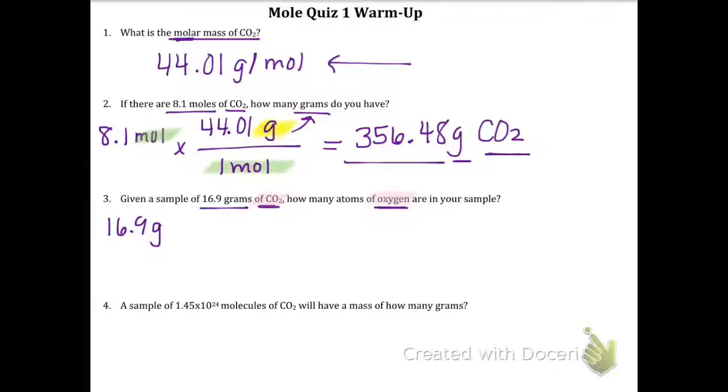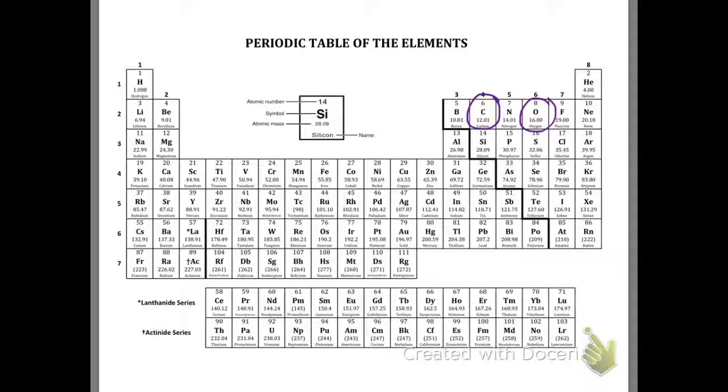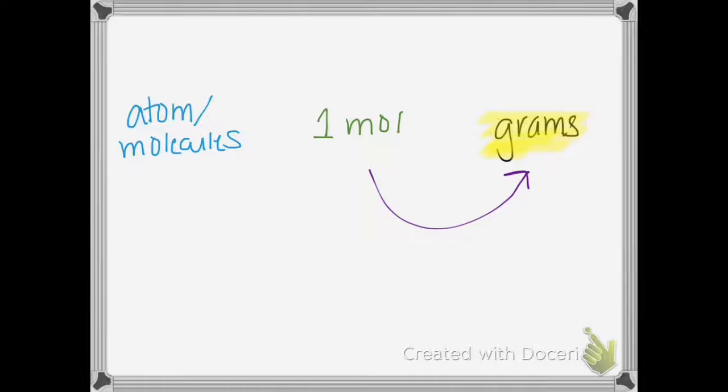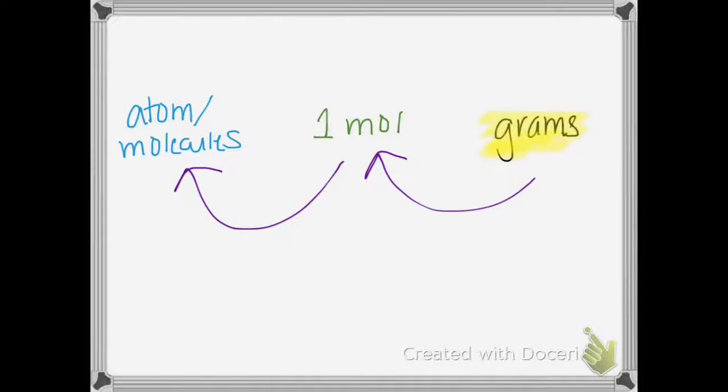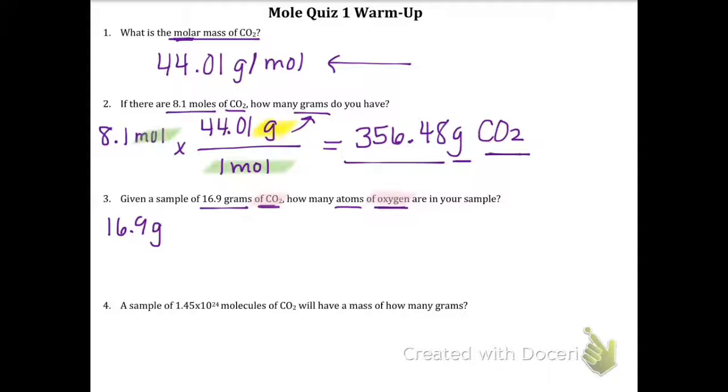So if I want to go from grams to atoms, I need to think about where I'm going. Grams to atoms is going from the right to the left here, and then here to here. So that's 2 steps, 1, 2.